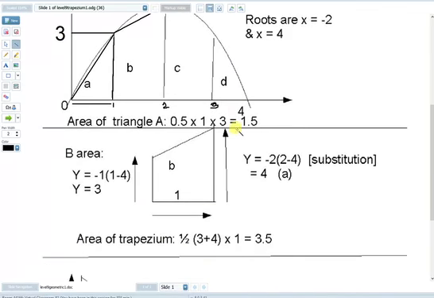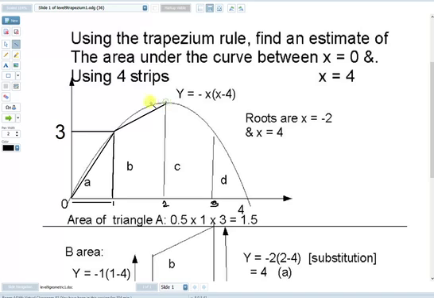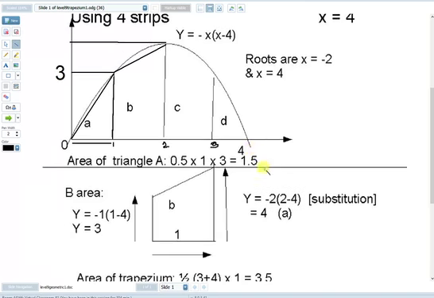We work out the height by substituting our x coordinate, which is 2, into our y coordinate finder. So it's minus 2 times (2 minus 4), which is minus 2 times minus 2, which is 4.